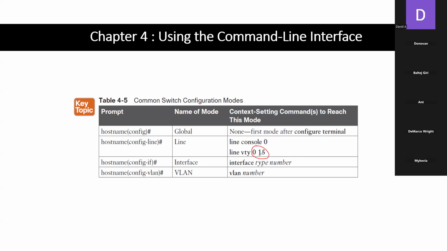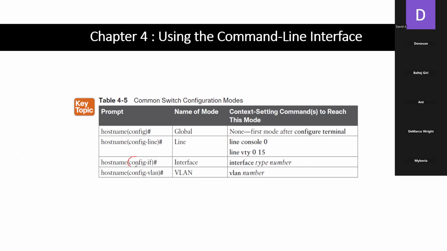So for lines 0 through 15, there are 16 sessions that can be used at one time. Line VTY refers to virtual terminal sessions, so trying to connect to the switch using an application protocol, whether that be SSH or Telnet.